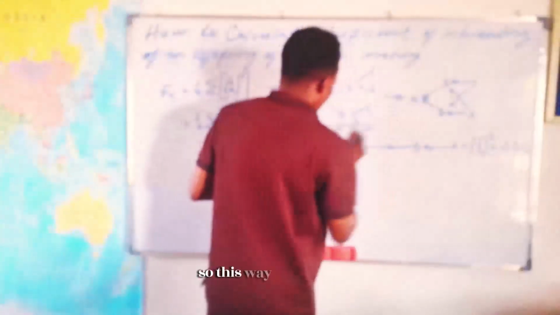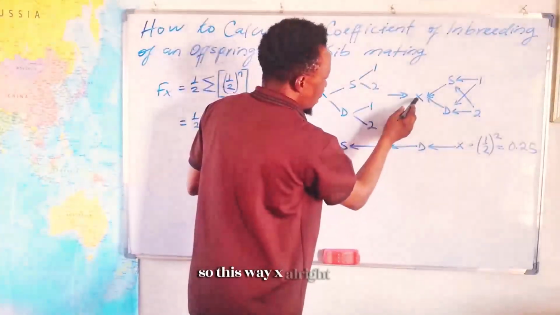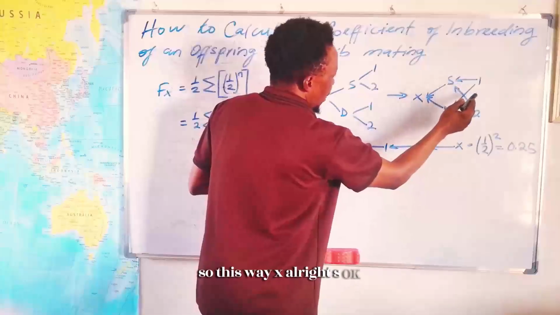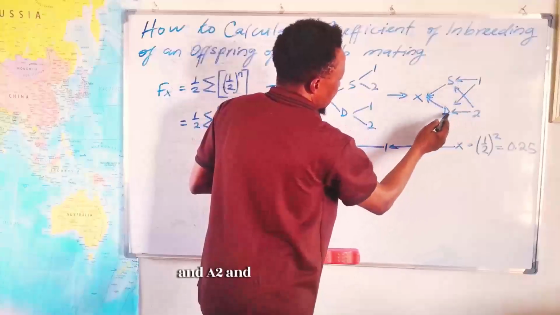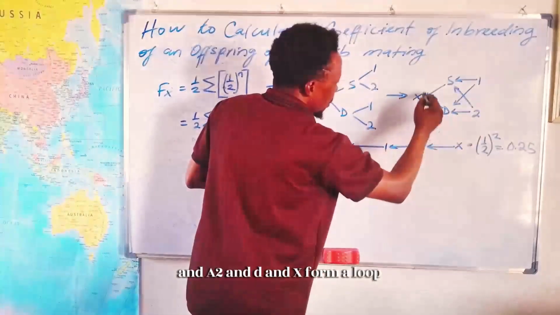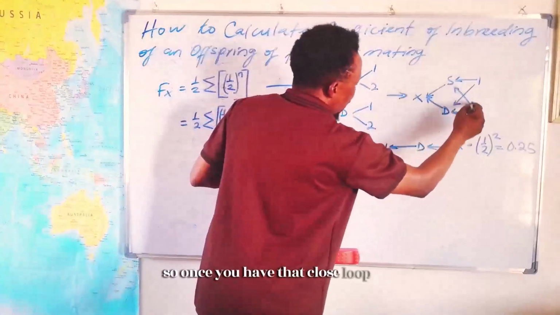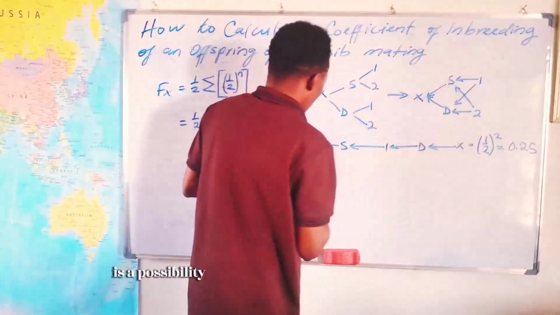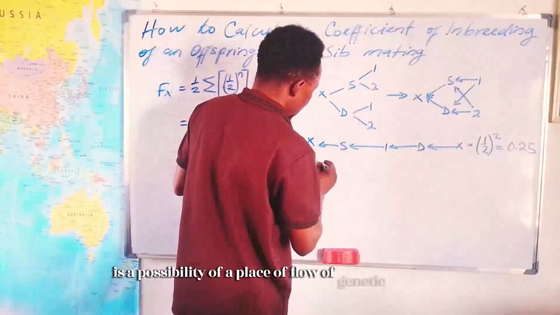So this way, X, S, 2 and D, and X form a loop. Once you have that closed loop, there is a possibility of a place of flow of genetic material.